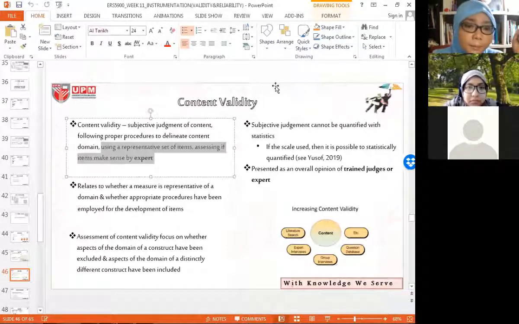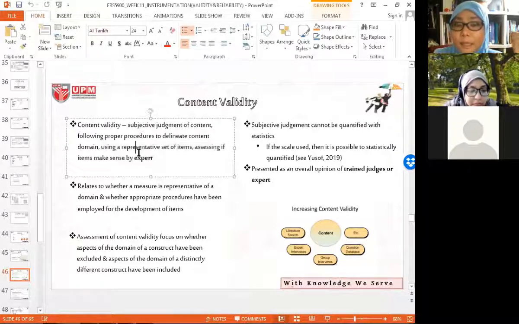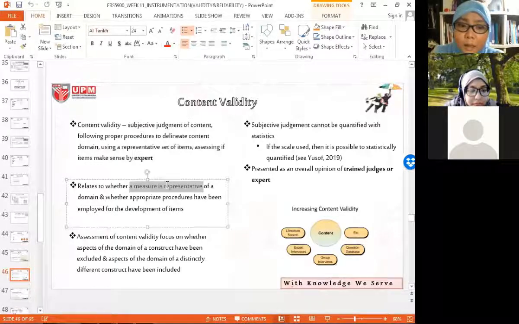And then it relates to whether a measure is representative of a domain and whether appropriate procedures have been employed for the development of items. Yang ni dia bukan setakat tengok the item itself, but it will also look at the representative of domain and whether appropriate procedure have been employed.